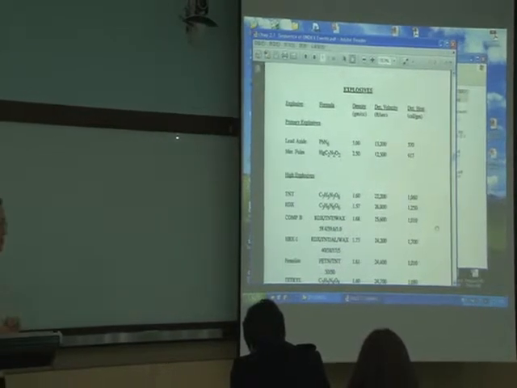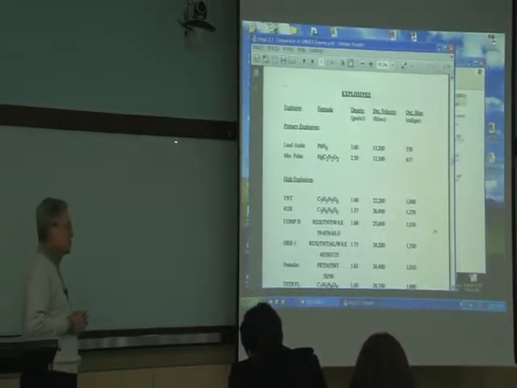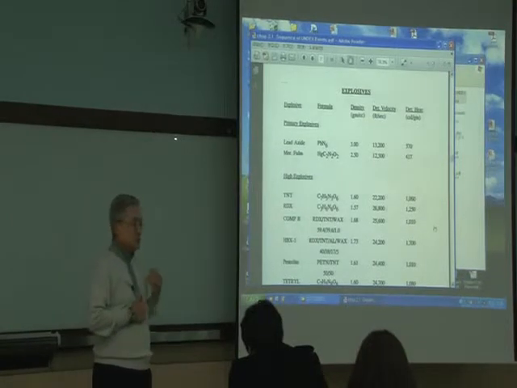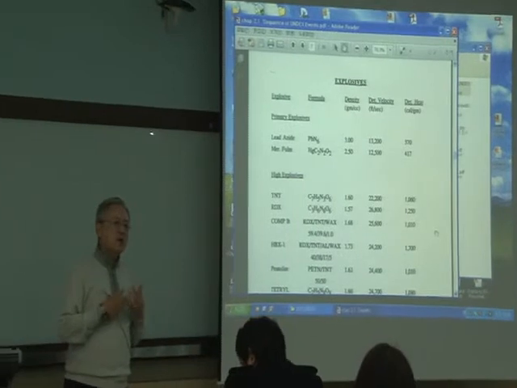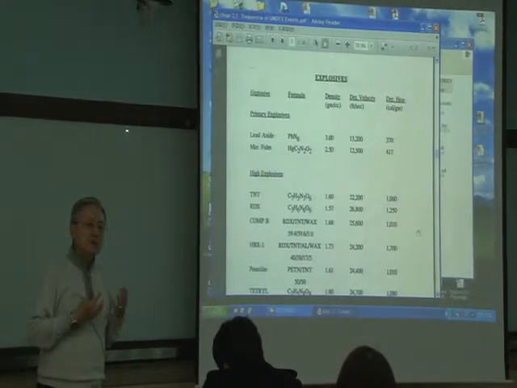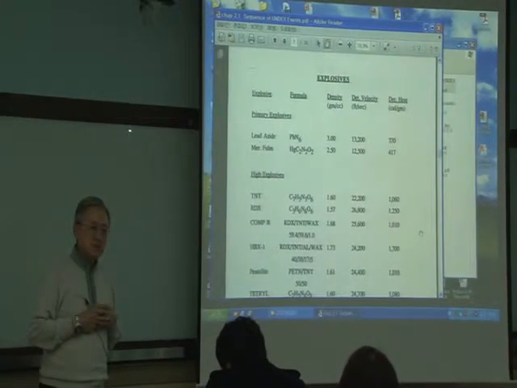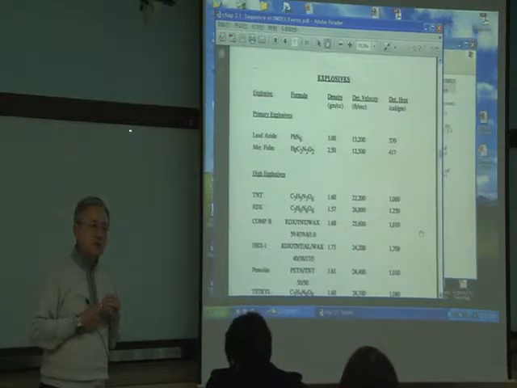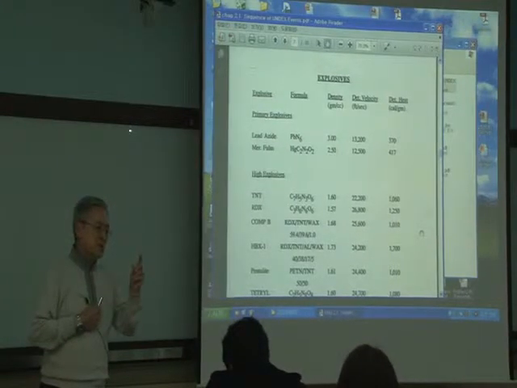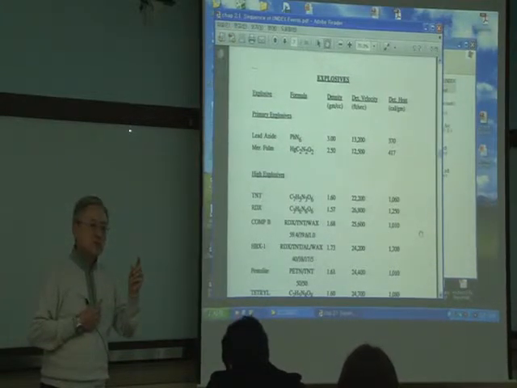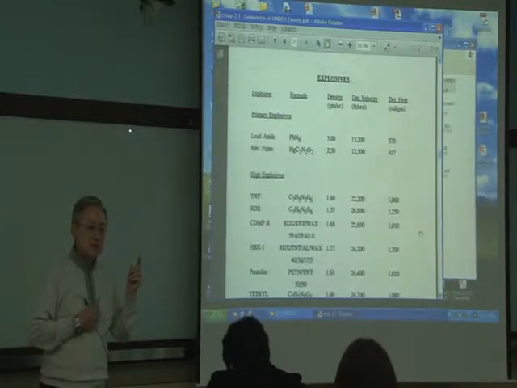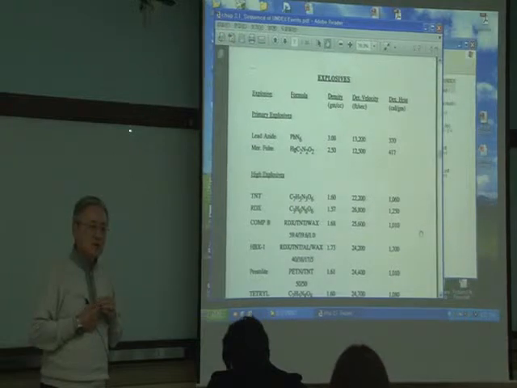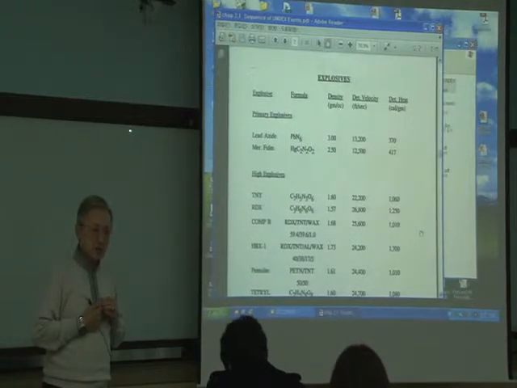So this is a very popular type of the explosive. This is still very fundamental information. But there is a book called Explosive. It's not classified, it's unclassified, from the Livermore National Lab.